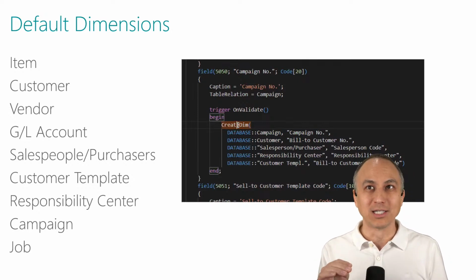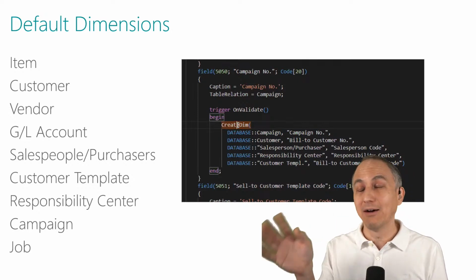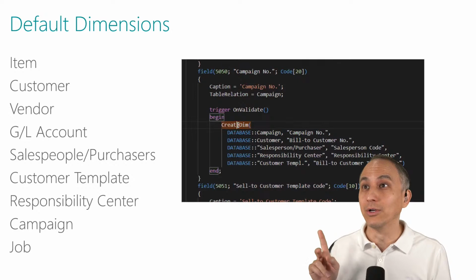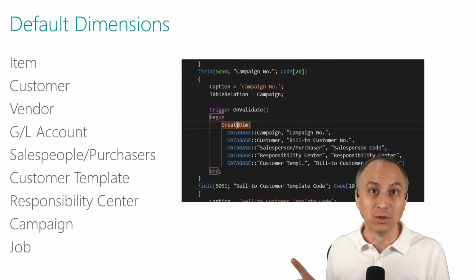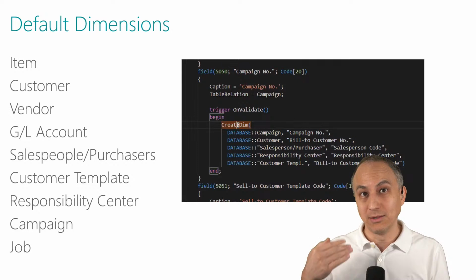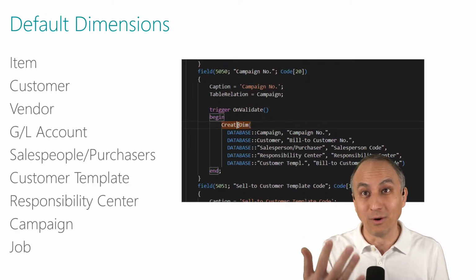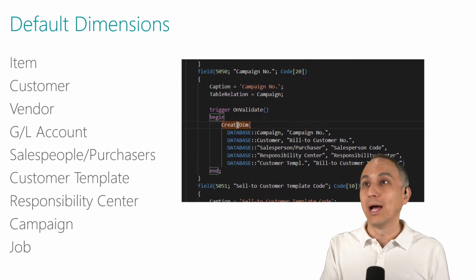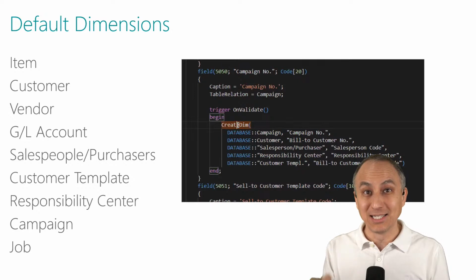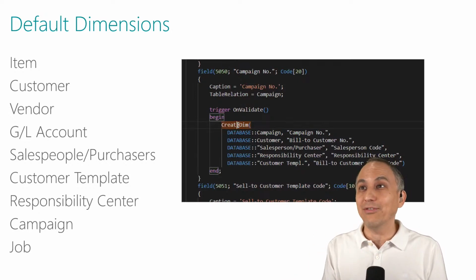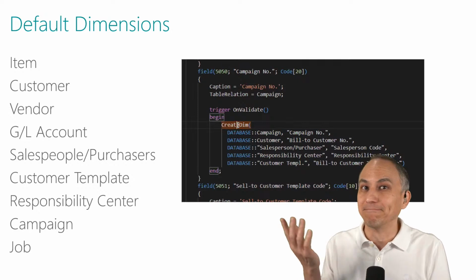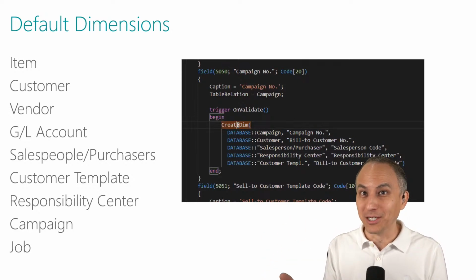Then you have customer template, which I haven't even looked at yet, but I see it in the code, bill-to customer template code. So it appears that the dimensions can default from there. And then you have a responsibility center, which I'll talk about, which I had never heard of before. And then you have a campaign, not to further complicate things.